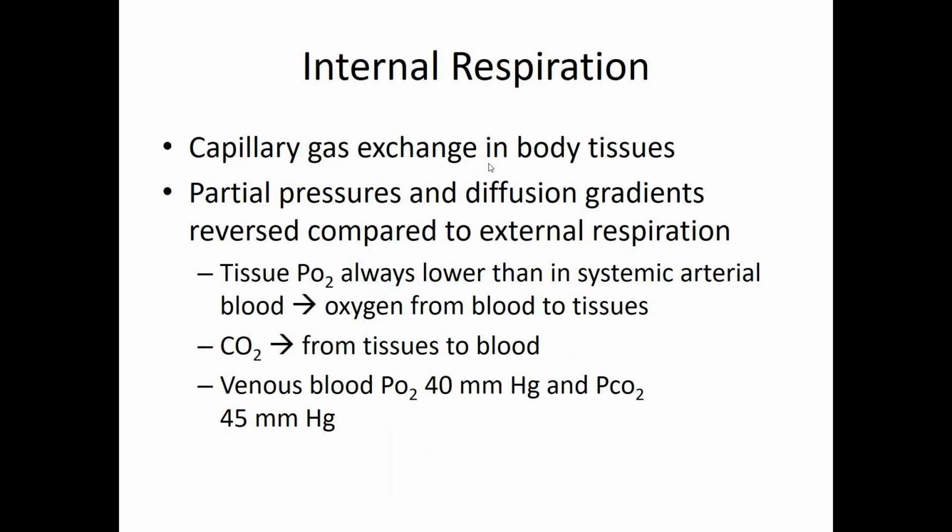Then when we get to internal respiration, so we have arterial blood being delivered to tissues. Here, our PO2 in the tissues is always lower than arterial blood is, which means that we drop oxygen off. Our partial pressure is highest in the blood, so we go from high pressure to low pressure. That's all that is. So that's what causes hemoglobin to dissociate from oxygen, that partial pressure gradient pushing it out.